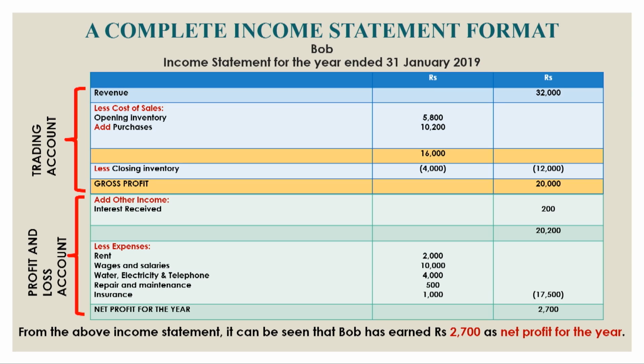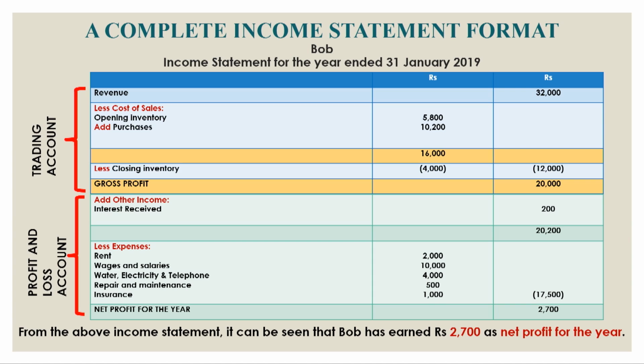Moving on to the second part of the income statement, that is the profit and loss account, we have to less expenses. As expenses, the business has rent of 2,000 rupees, wages and salaries 10,000 rupees, water, electricity and telephone bills 4,000 rupees, repair and maintenance 500 rupees, and insurance 1,000 rupees.